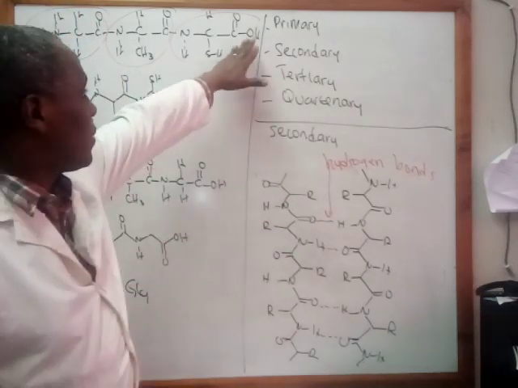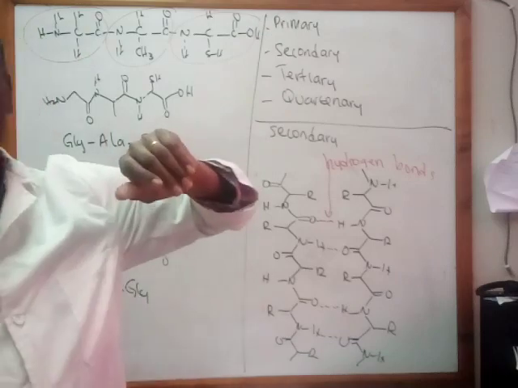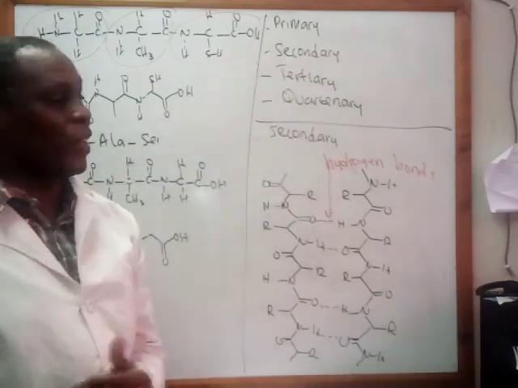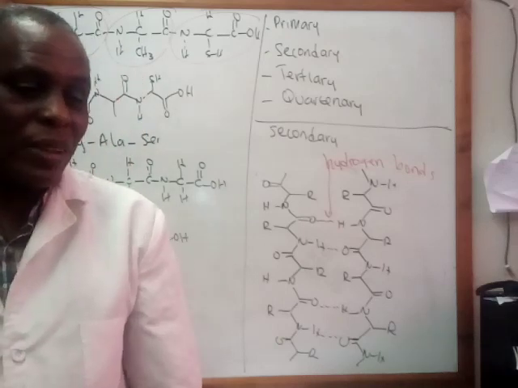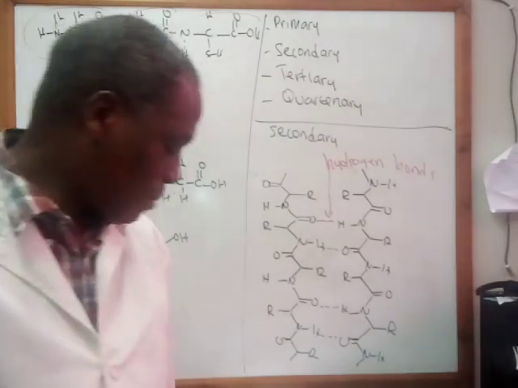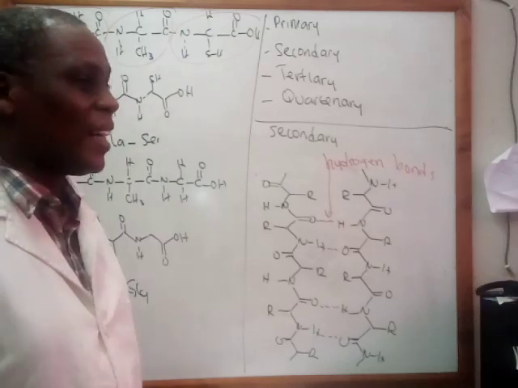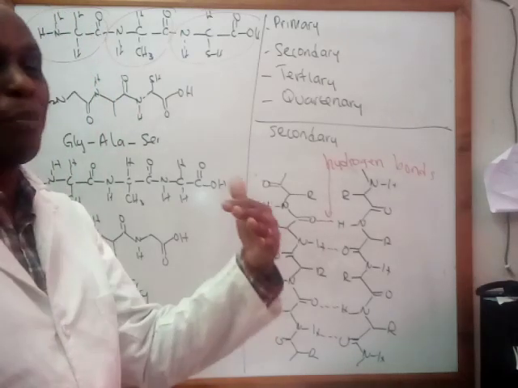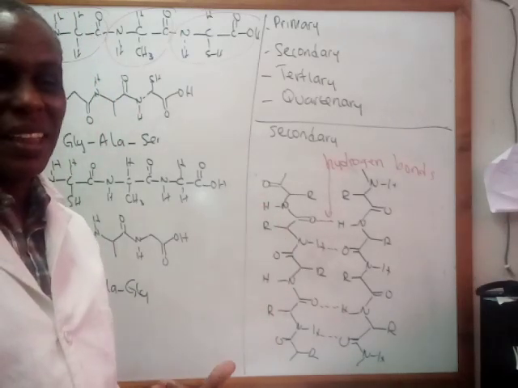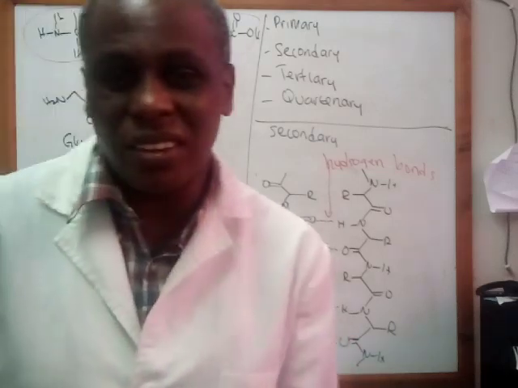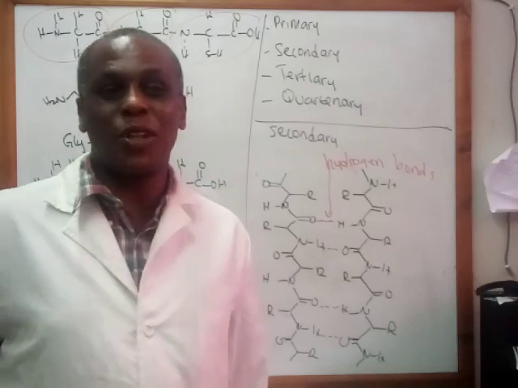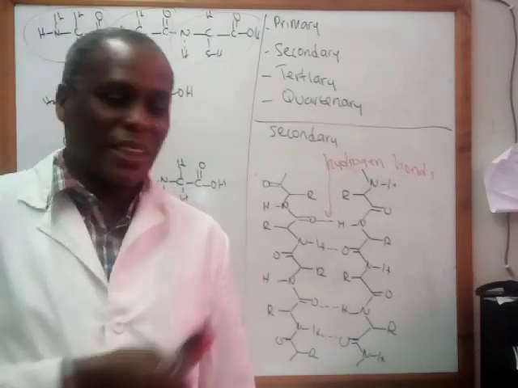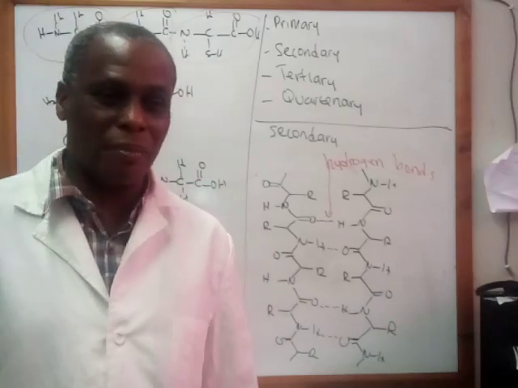So the next part of this lecture on the amino acids, I need to mention that proteins have got the primary structure, which is the fundamental structure, just like you going to school, yeah. There is the pre-primary, yeah.